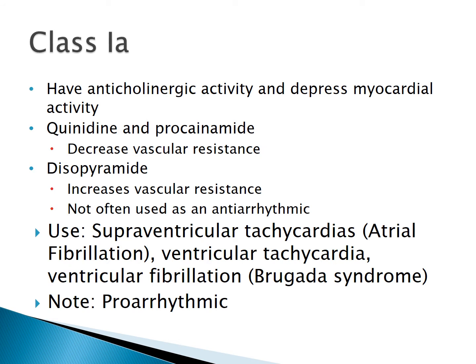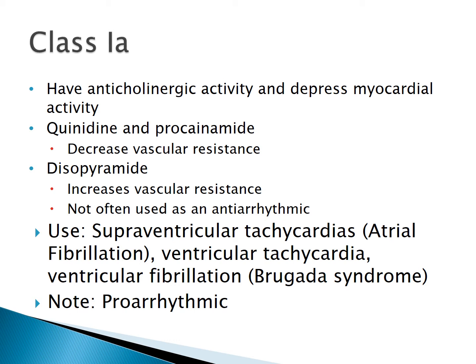This subclass also has anticholinergic activity and depresses myocardial function. Quinidine and procainamide decrease vascular resistance, causing dilation. Disopyramide does the opposite, causing contraction due to increased vascular resistance. It is not often used as an antiarrhythmic, but more used in hypertrophic obstructive cardiomyopathy.